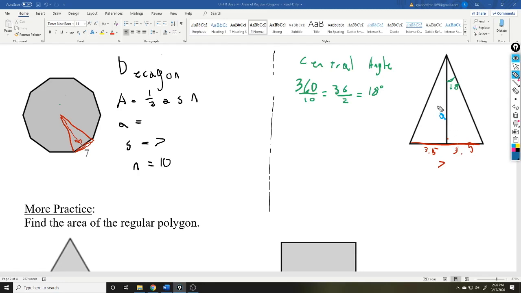Right? We know opposite, we're trying to find adjacent. So opposite and adjacent, well, that's tangent of our angle, which is 18, equals opposite, which is 3.5, over my adjacent.